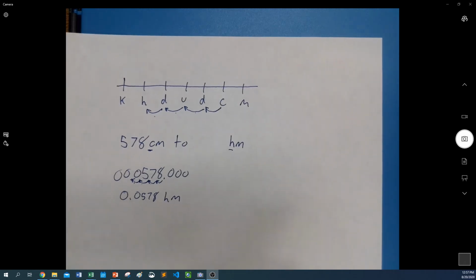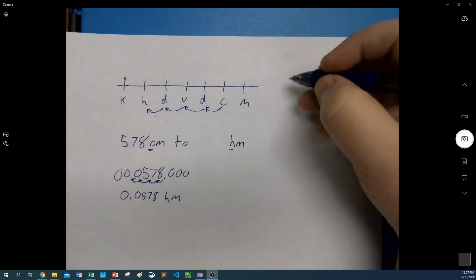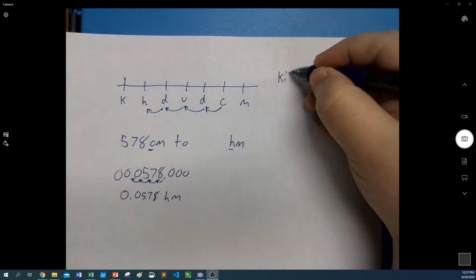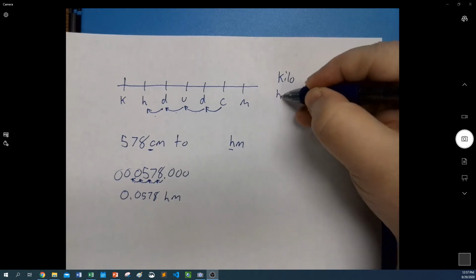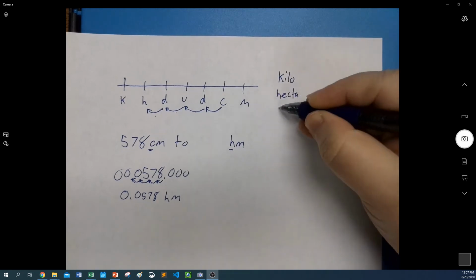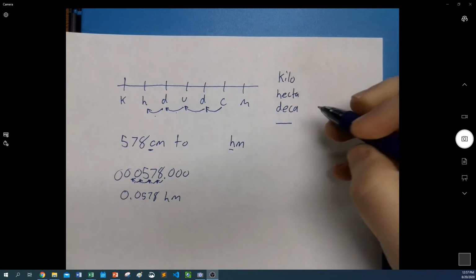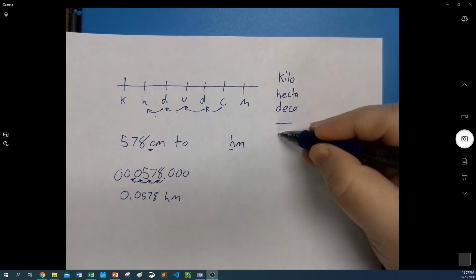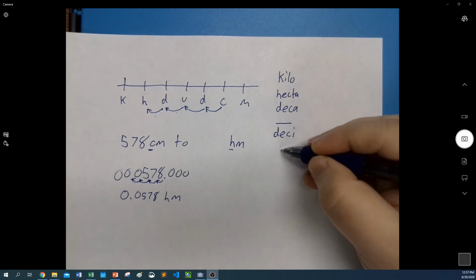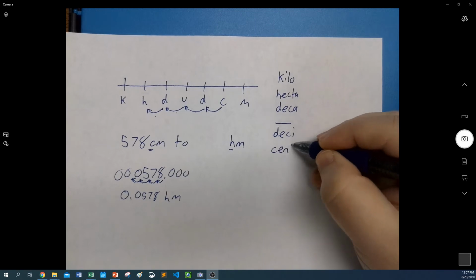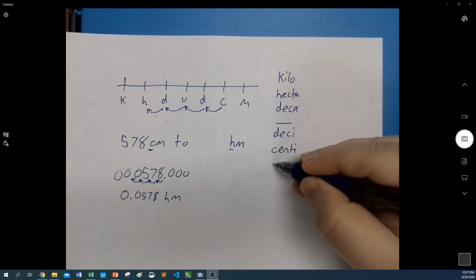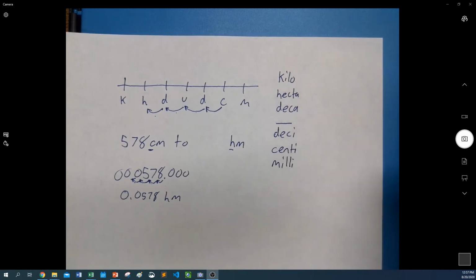Now, I like using pure math and not doing any mnemonics. So we have kilo, we have hecta, we have deca, we have our base unit, and then we have deci, and centi, and then milli.